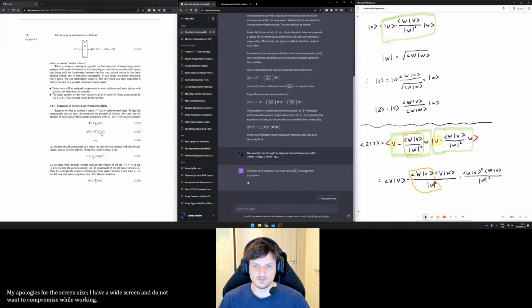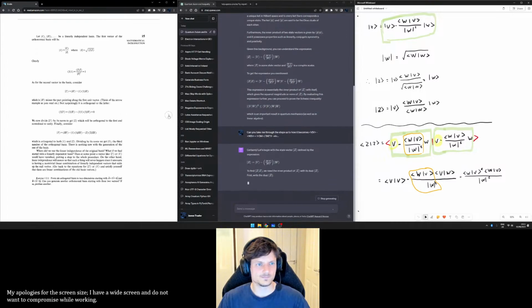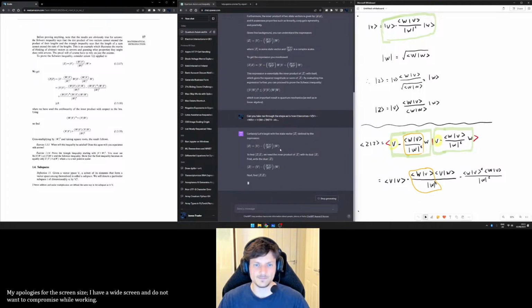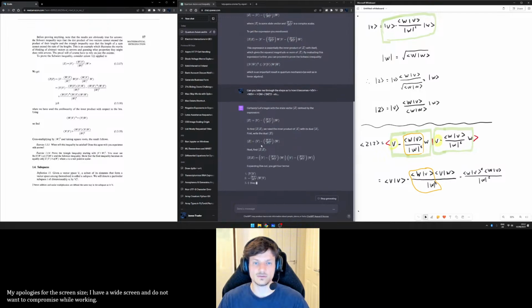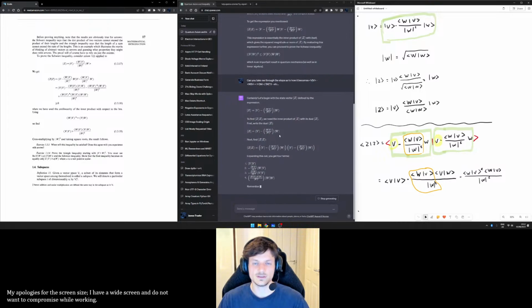So let's begin with the state vector z defined by the expression. To find the inner product, we need the inner product of z with its dual z. First write the dual. So the bra is equal to bra v minus that.